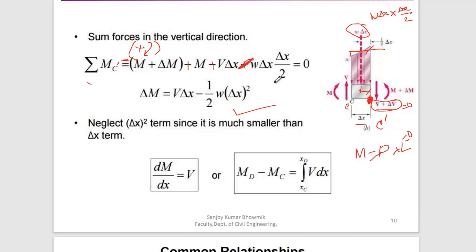If you square it, or multiply with this fraction, it becomes even smaller. Like if you multiply 0.5 into 0.5, it produces a smaller value than 0.5.